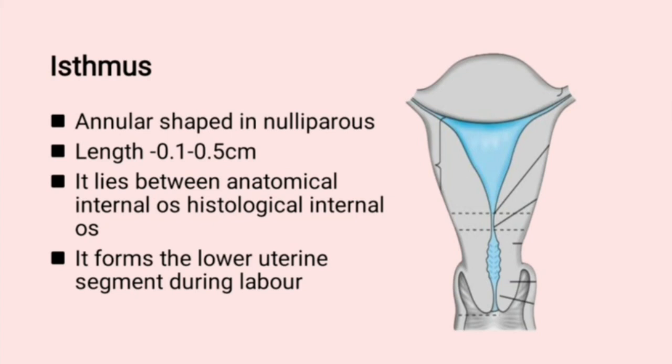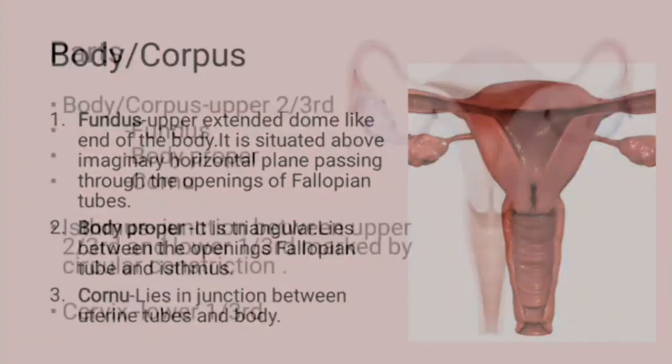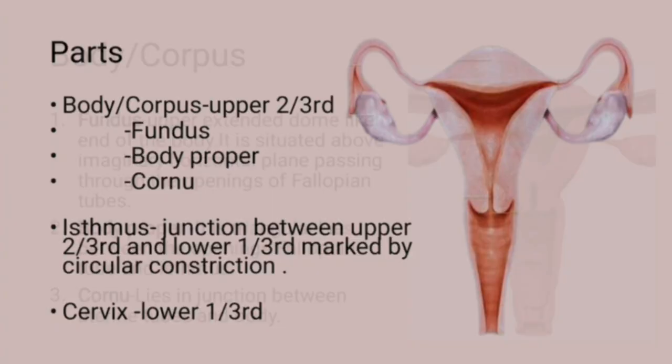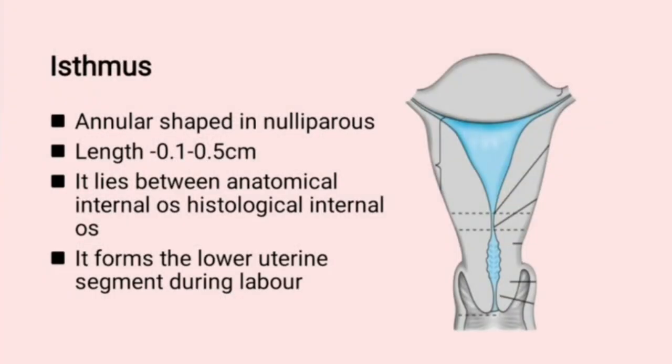Okay, now from the figure we may learn that this is the anatomical internal os, and this is the histological internal os, and the area between these is known as the isthmus.